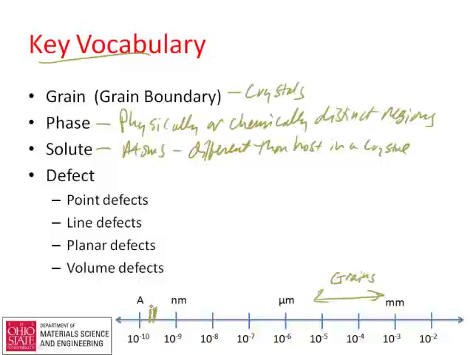So, kind of atoms and solutes sit about here. Point defects are things like vacancies or interstitials. These would also sit at about the same place here.